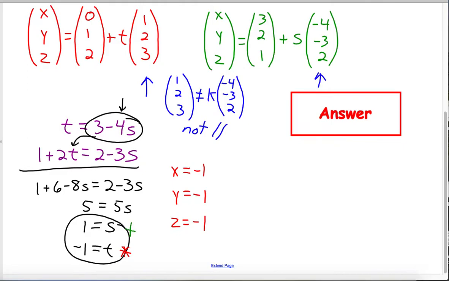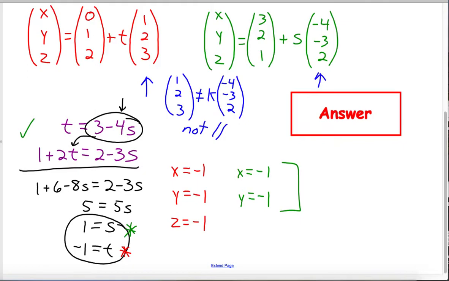Okay, now I'm going to plug in 1 for s in the other line and see what I get for x, y, and z. So when I plug in 1 for s, I get 3 minus 4 times 1, so that's negative 1. And I do it for y, I'm going to get 2 plus negative 3, so that's also a negative 1. Now, obviously, x's and y's are going to match because we set up our system by setting x's and y's equal.